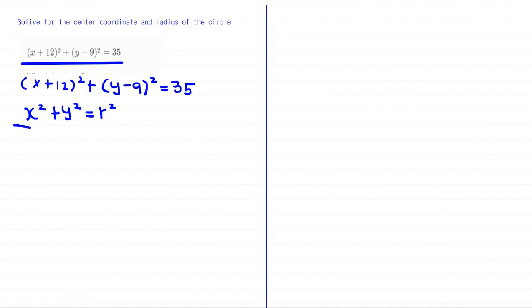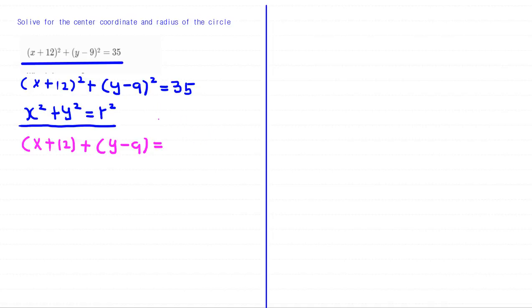So if you do that using this equation and take the square root of it, it is going to be equal to x + 12. The square root is going to cancel out, plus y - 9, is equal to the square root of 35.